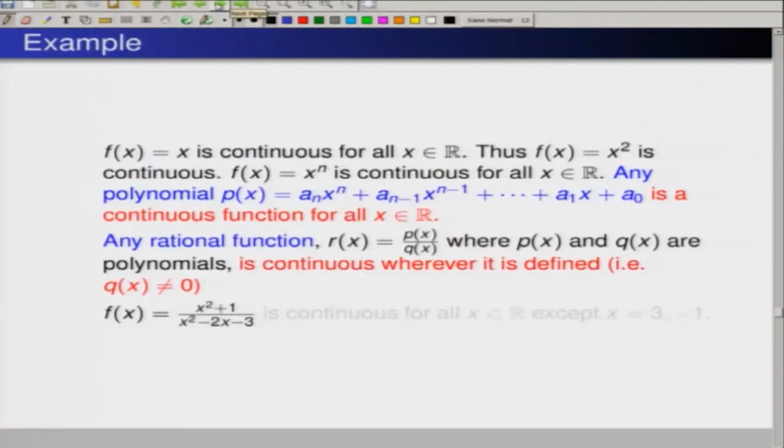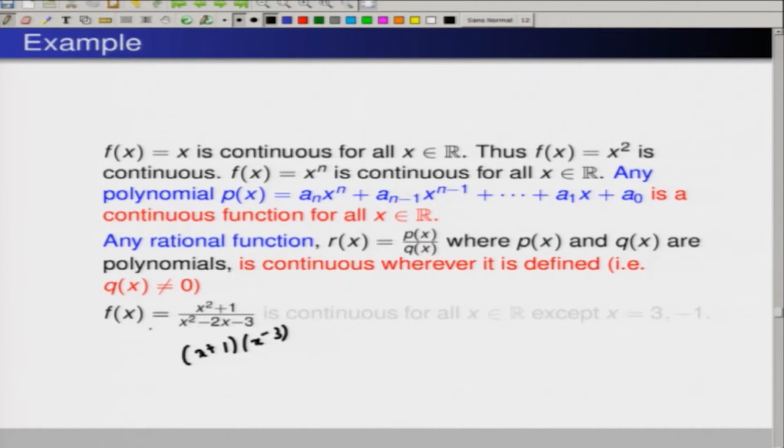Now, for example, f of x equal to x square plus 1 by x square minus 2 x minus 3. Let us factorize the denominator: this is x minus 3 into x plus 1.